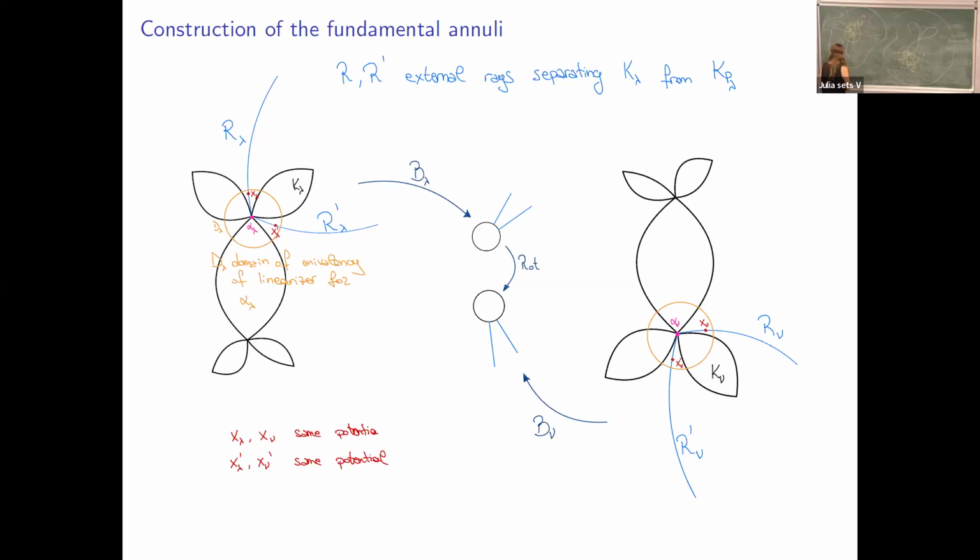We take a line, I'm finishing colors, which is not good. Found another one. From here to my equipotential, that is sent to the same one by Butcher. And the same here on the other side.